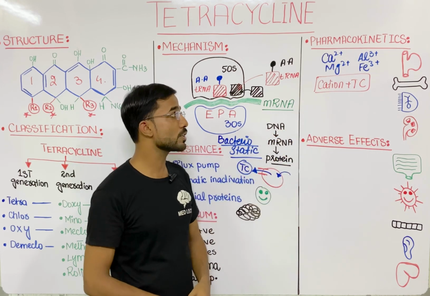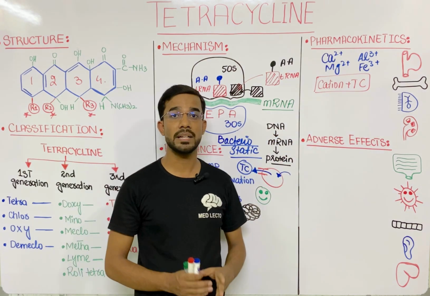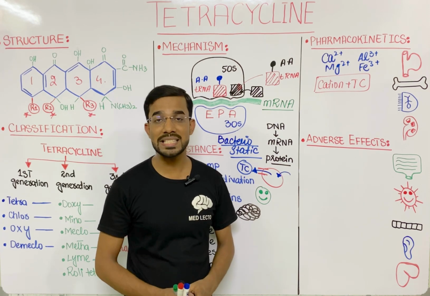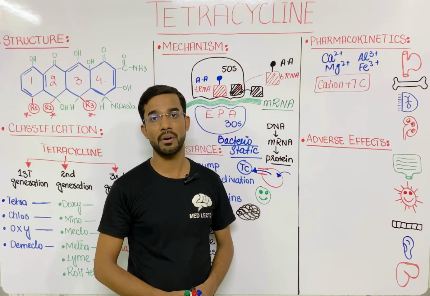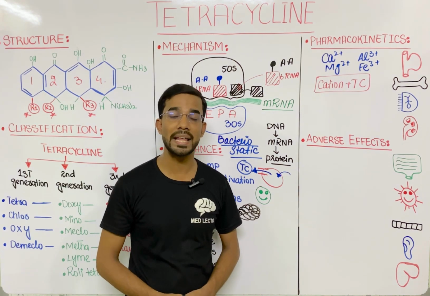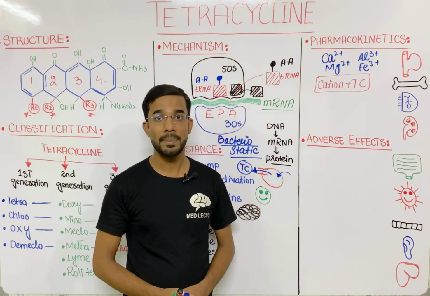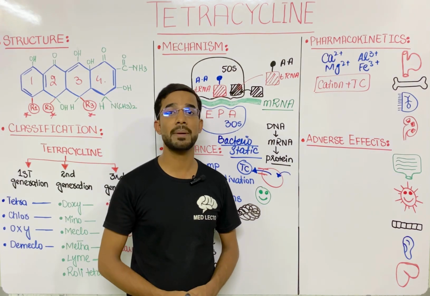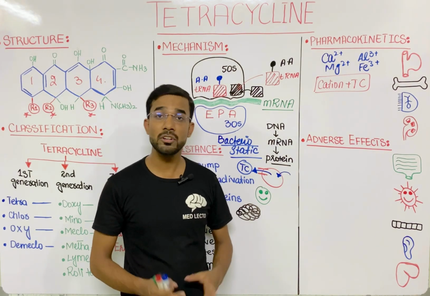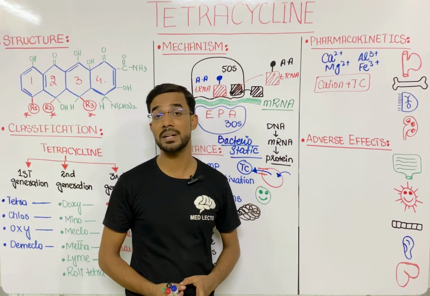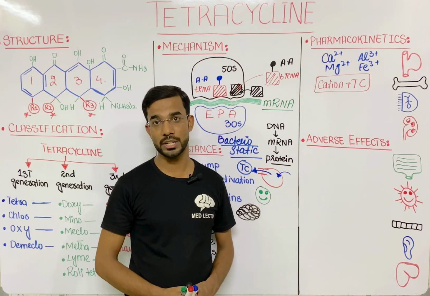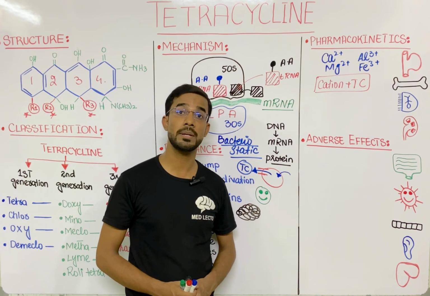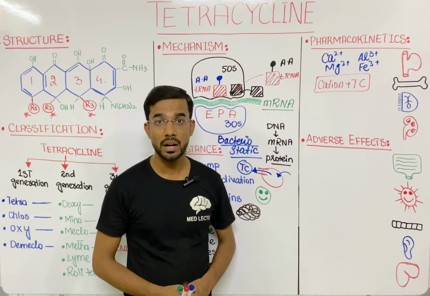And you will also see the tetracycline deposit in the calcifying tissue of our body, like the bone and the teeth, because tetracycline binds to the calcium, and calcium is actually present in the bone and the teeth. And you can also see there are certain tumors having high content of the calcium, so tetracycline can also deposit on those tumors.